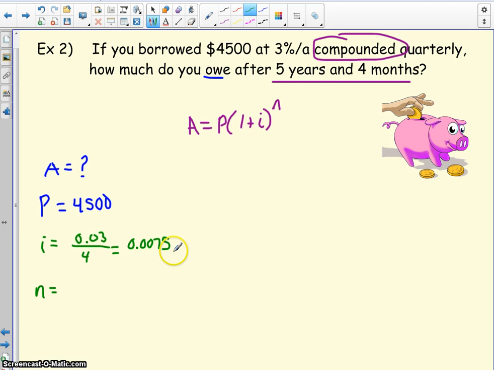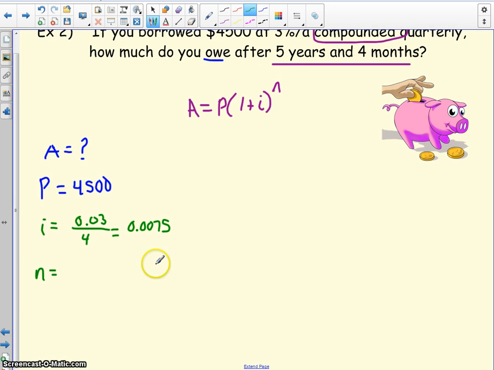I have 5 years and 4 months, so we need to do some conversions here. So 5 years is 60 months, so 60 months and 4 months will be 64 months, so my number of years is 64 over 12. Okay, but it's compounded quarterly again, so I have to remember to multiply that by 4, so that's going to simplify into 64 over 3 compounding periods. So that's what goes into the equation for n.